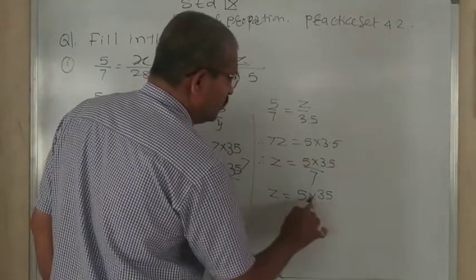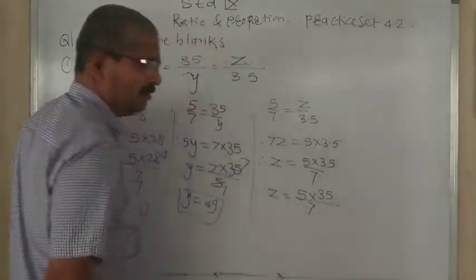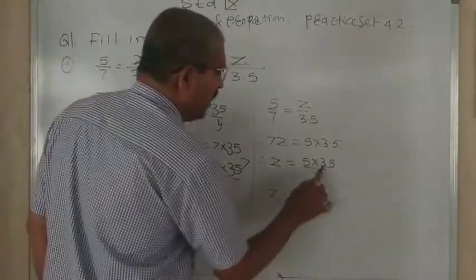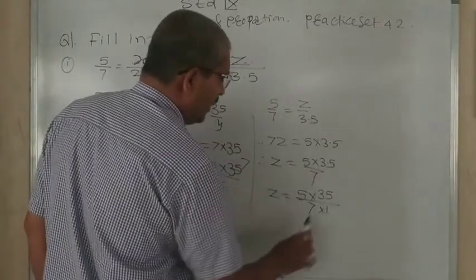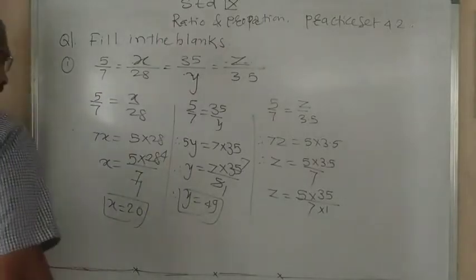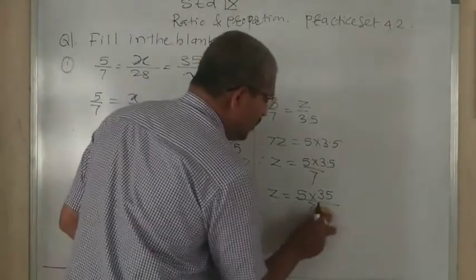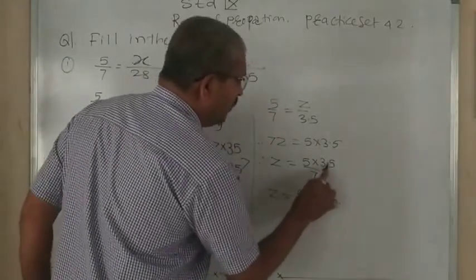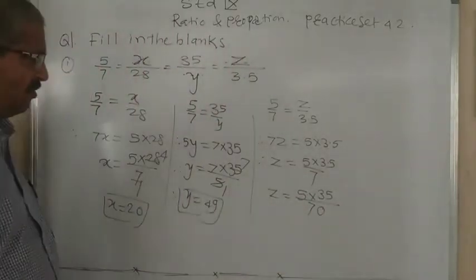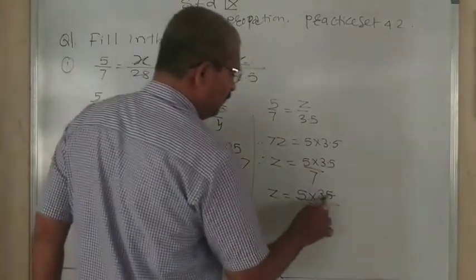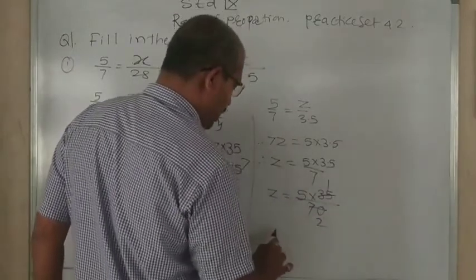Suppose there is no point, then take 35. After the point there is one digit, therefore take 10 in the denominator. Now 35 ones are 35, 35 twos are 70.